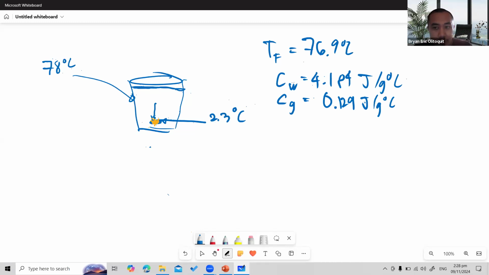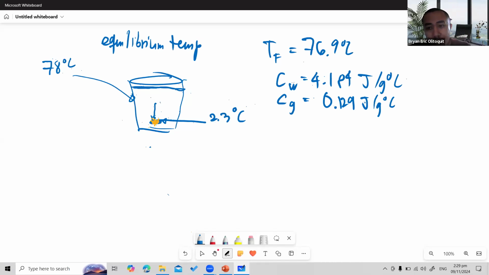So kung magbabawas tayo dito ng temperature, tataas yung temperature nung gold nugget, until such time that both the material reach an equilibrium temperature.